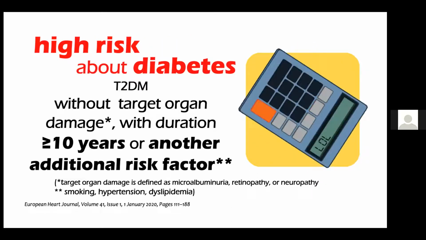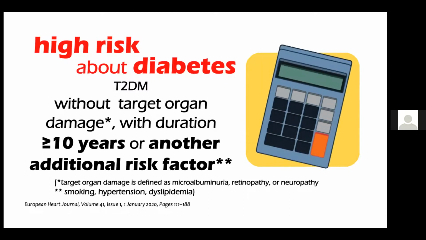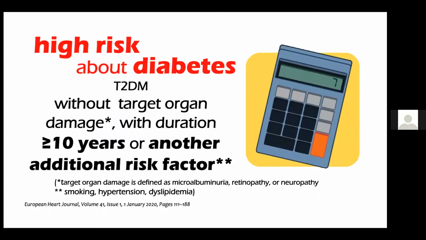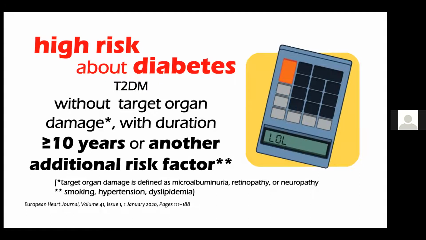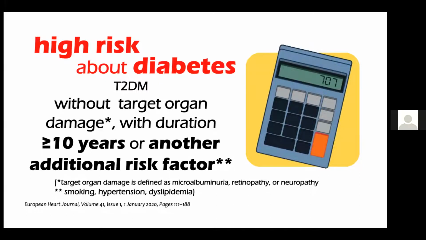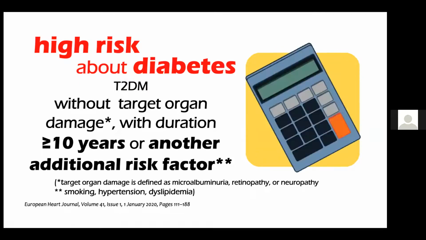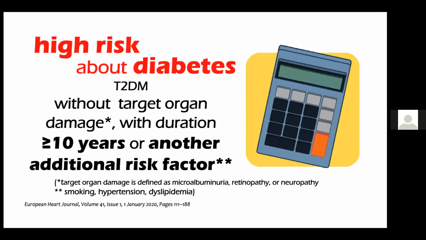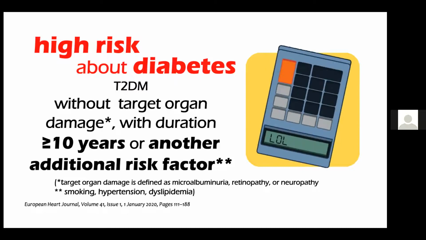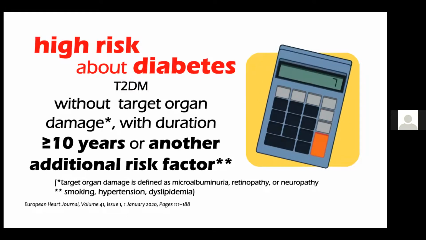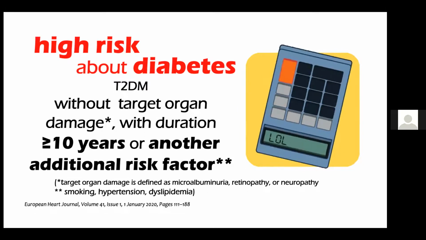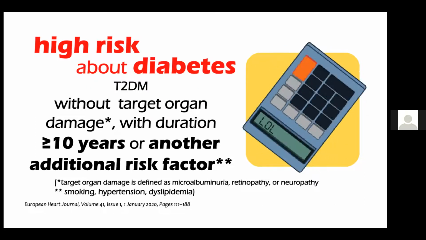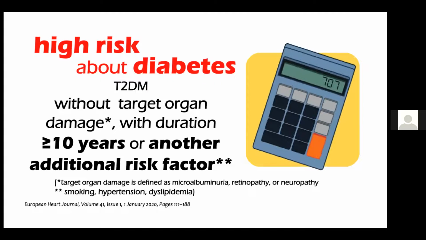Same applies again, just to refine. I think people that have the document from Ampath lab, or when you go to the website, might see some conflicting categories when you compare with the South African consensus guideline for dyslipidemia. We need to remember that whenever you have type 2 diabetes without target organ damage, but the duration is equal to or greater than 10 years, that patient should be considered to be high risk.